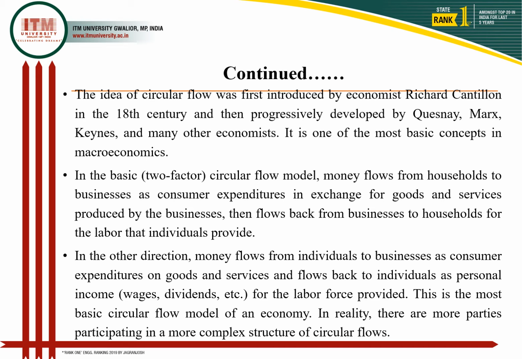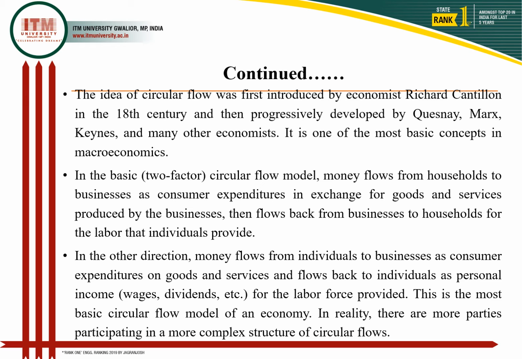So this is the distribution phase, followed by the disposition phase, where the income received by the factors of production is going to be spent on the purchase of goods and services produced by the firms. So again, the money is going back to the firms.